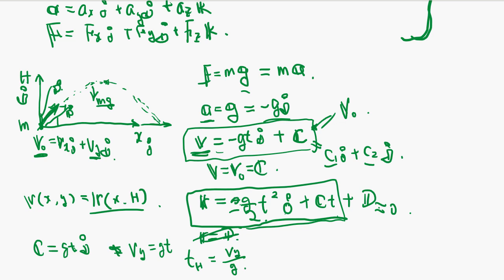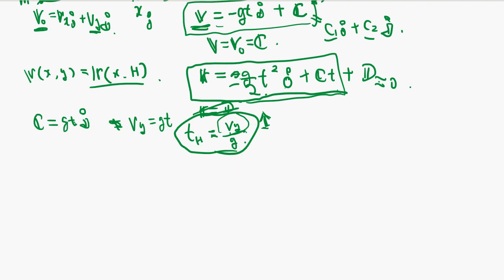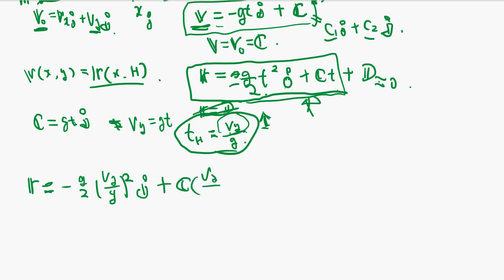How do you interpret this? Every second, vy, this direction's velocity, the speed, is reduced by g. So how many seconds does it take to become 0? This is the equation, right? And if you put that into the location vector, then you get terms with vy over g squared, I'm looking at this one, plus c vy over g.